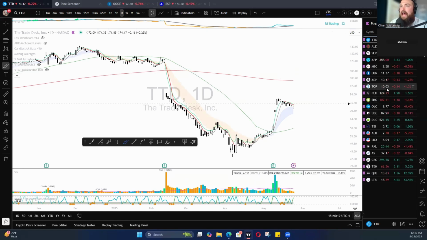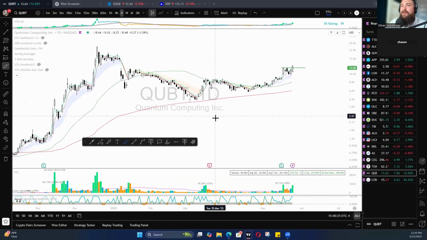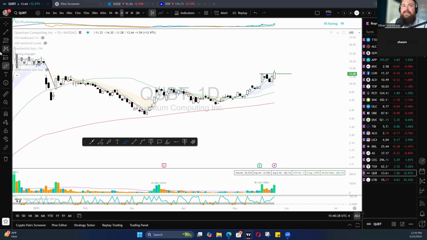But this is how I find pullback entries. This is how I find breakouts. Look at QBT, for example. This got moved over from the watch list to a focus list, and I set the alert at the high of the consolidation. Today it triggers. So it's very simple. This is a very repeatable process.